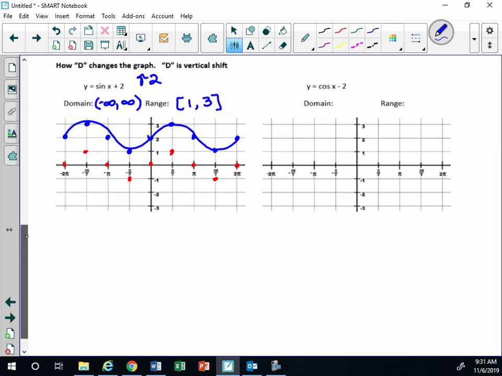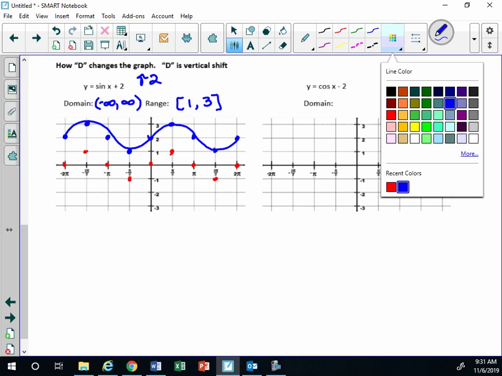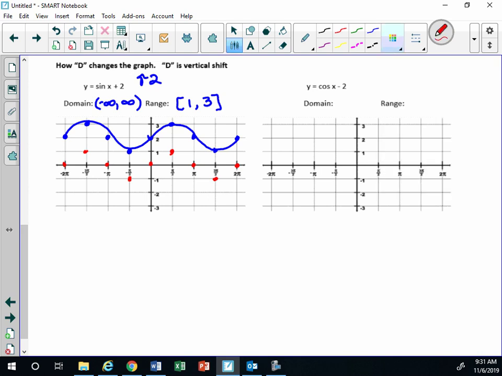Alright, let's try this cosine one. We have not done many cosine graphs yet. So, parent graph of cosine, I want you to plot those points. So sine is the one that started at 0, 0. Cosine is the one that started up at 1. So I'll do them in red.